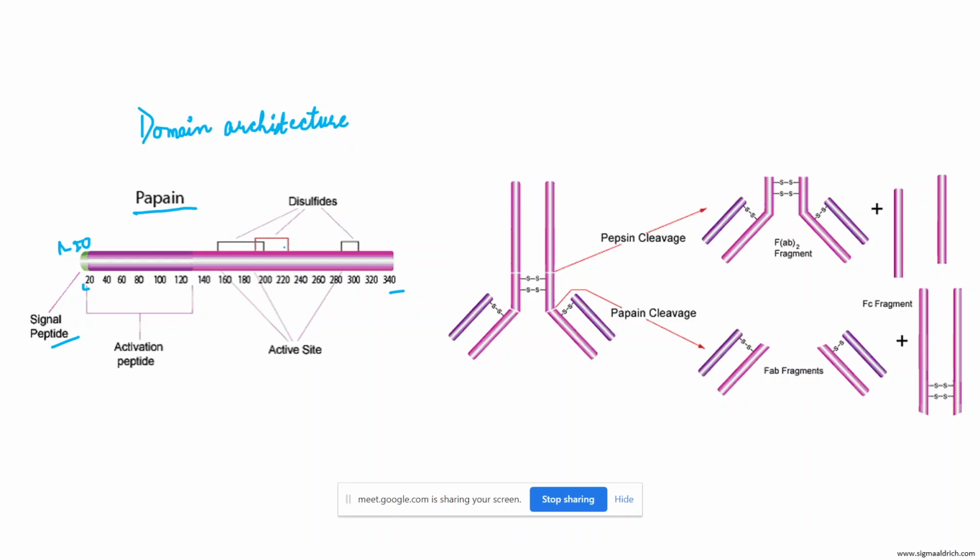So this is the domain architecture of our proteolytic enzyme, papain.